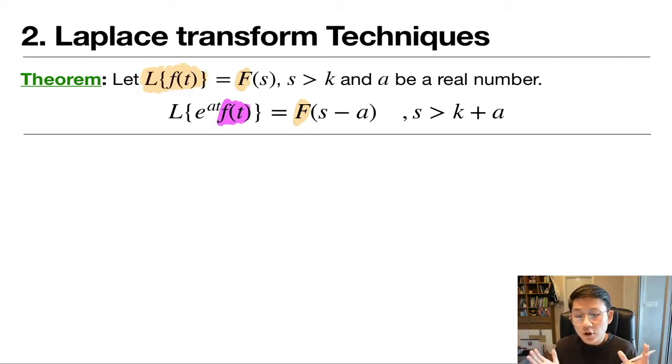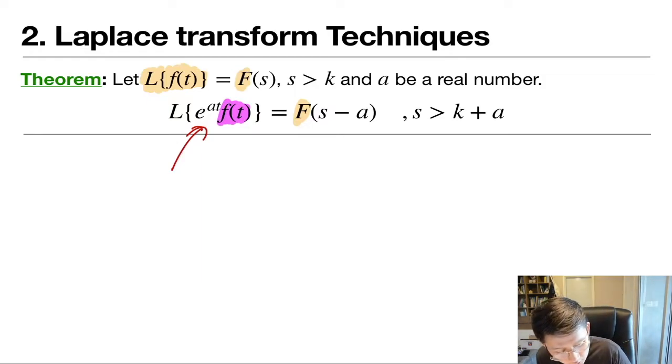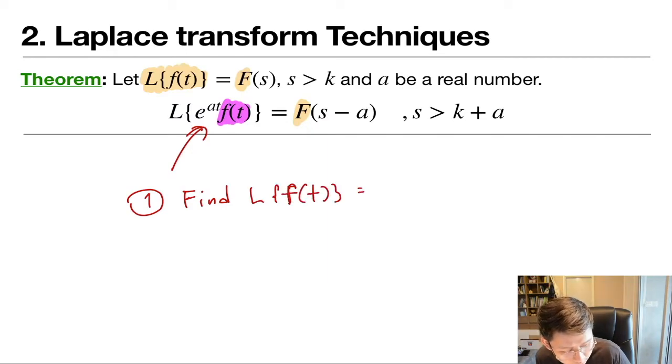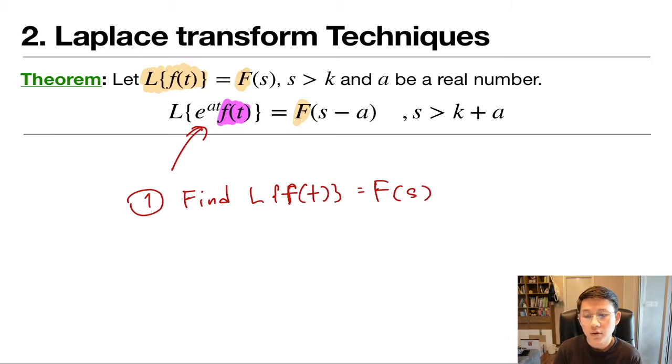Okay. So to say it differently, if you want to find the Laplace transform of e to the at f(t), you just need to find the Laplace transform of f(t) first, which is F(s). So you just ignore this e to the at.